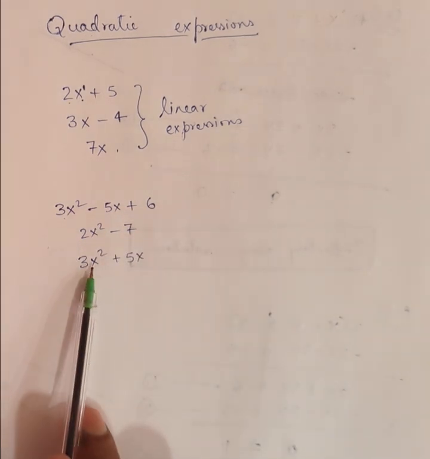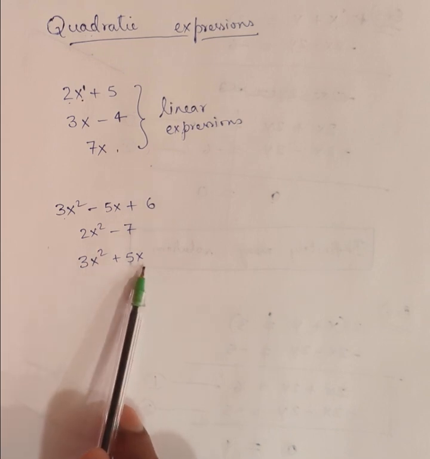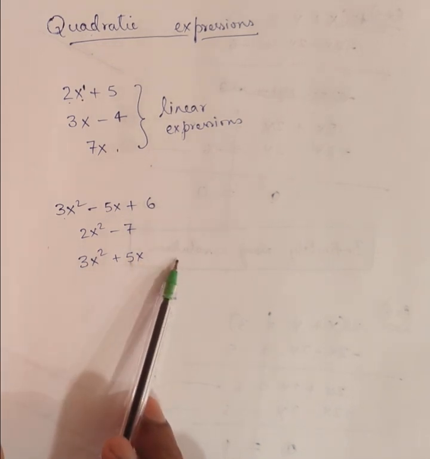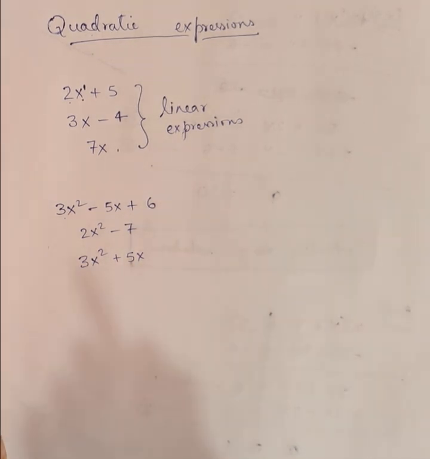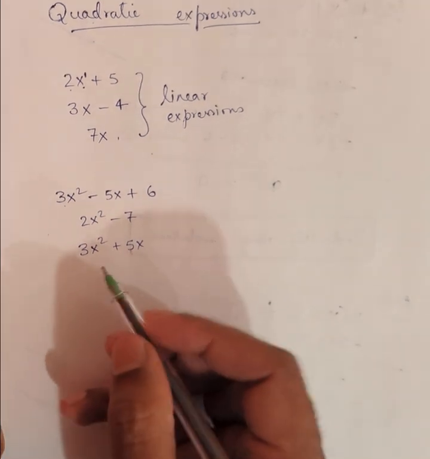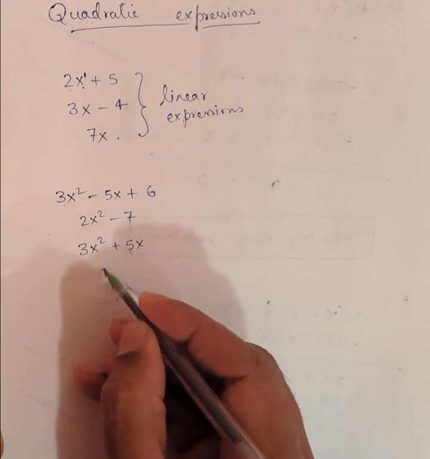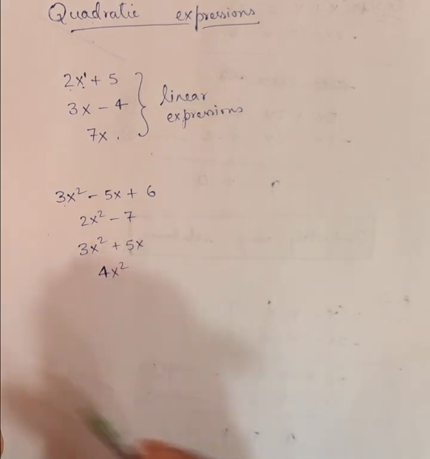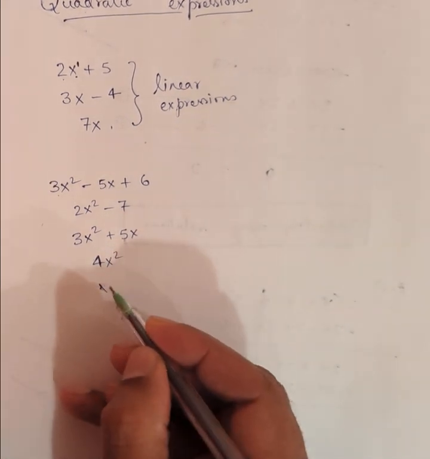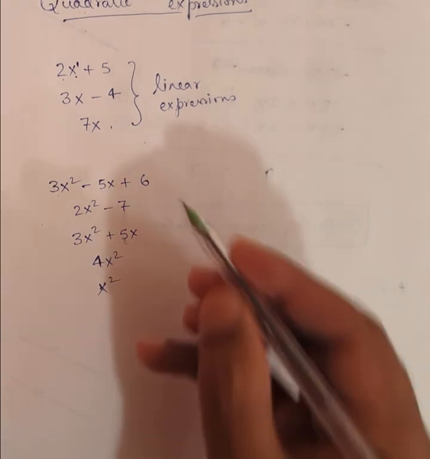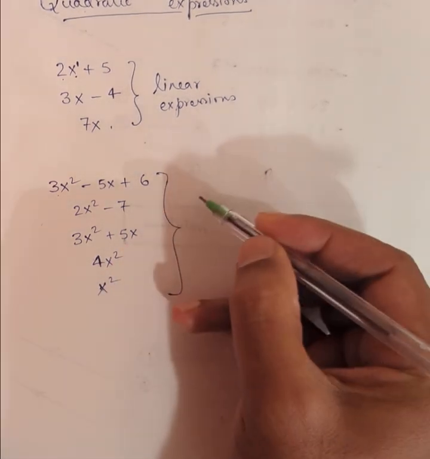This has a second power term and a first power, but no constant term. Now, sometimes you may have just the second power term, so something like 4x square, or even x square. So these are all quadratic expressions.